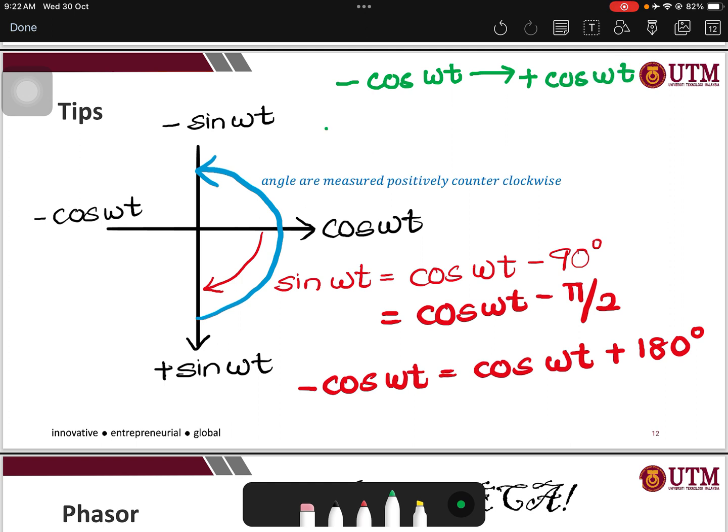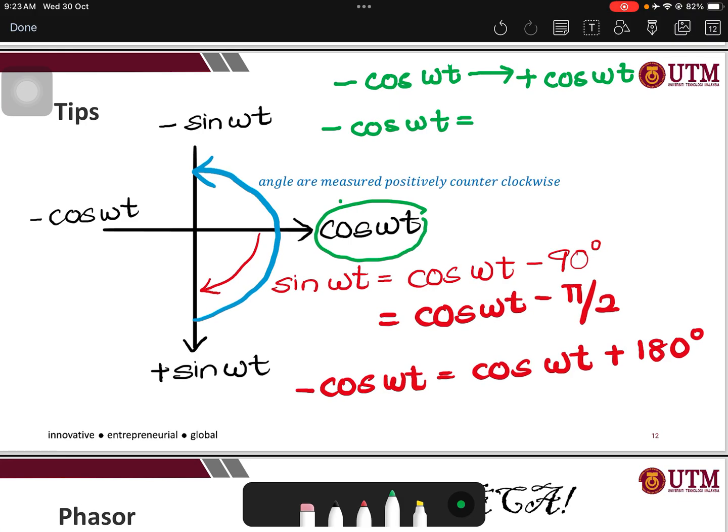Negative cos omega t is equal to, if we go here, cos omega t plus 180 degrees, or we can write cos omega t plus pi.